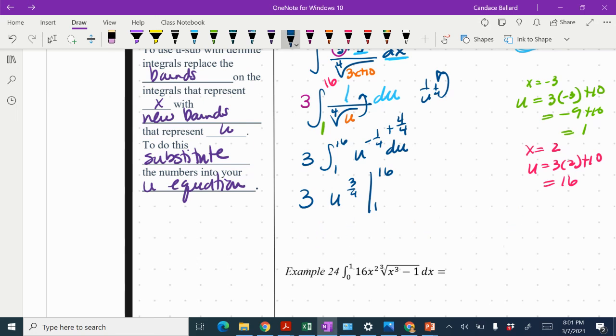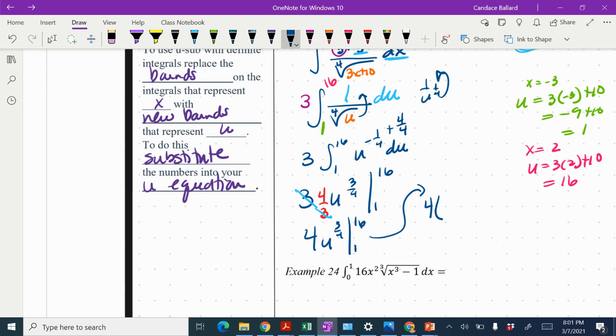When I integrated, I did not remember to divide by my new exponent or multiply by its reciprocal. So let's go back to that, which means that these would cancel. So what I really have is 4 u to the 3/4 from 1 to 16. We're going to plug in the 1 and the 16 again.